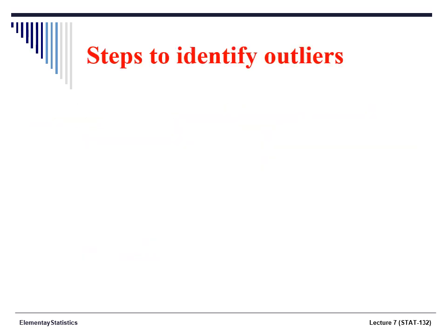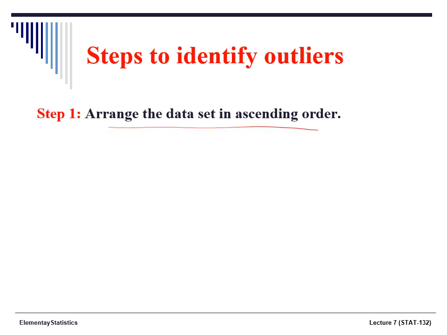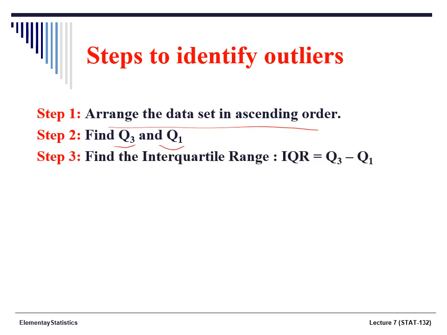Look at the steps to identify outliers. Arrange the data set in ascending order, and then find Q3 and Q1, and then find the interquartile range, Q3 minus Q1, and then find W1.